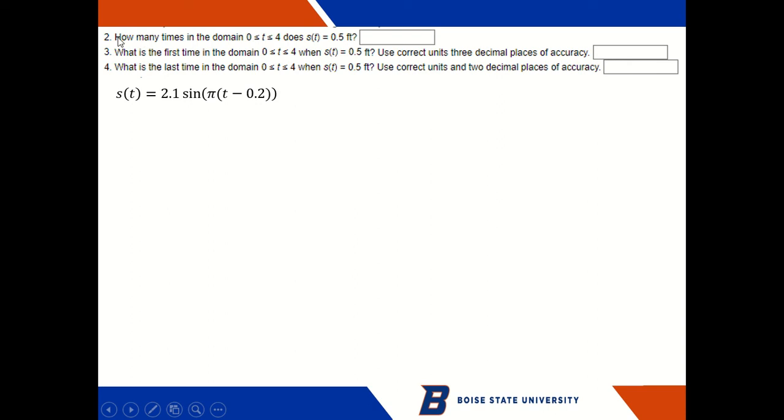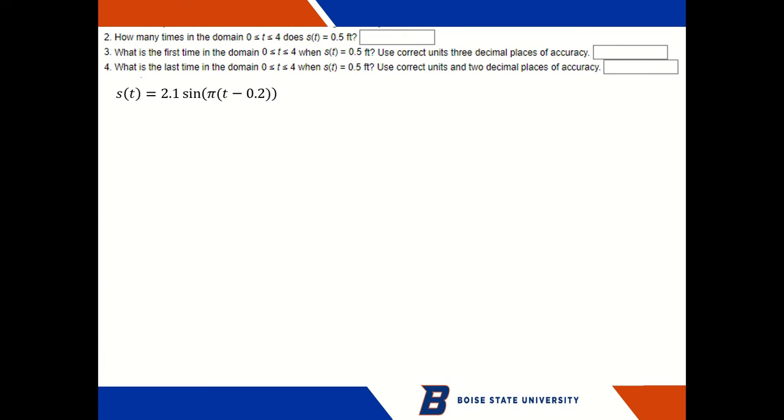So part 2 asks how many times in the domain from 0 to 4 does this function equal 0.5? Well, I'm going to hopefully remind you of the period of a trig function, like a sine function.